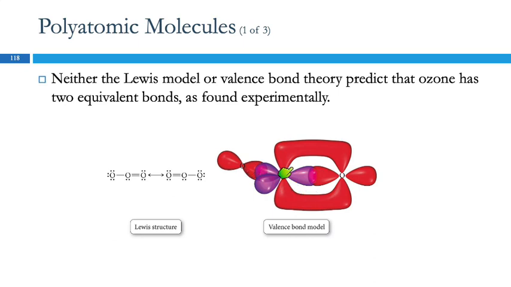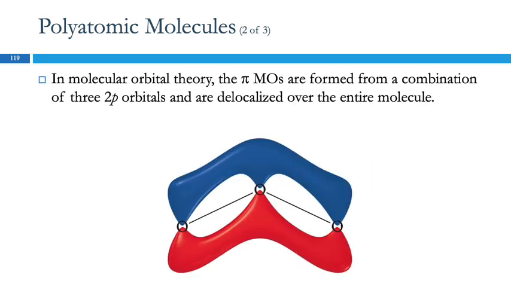In the valence bond model, here's that second bond. It also is localized between these two atoms, right? So we see a double bond and a single bond, that this bond is different in length and strength than that one. But we know experimentally that they are identical to each other. So this is how molecular orbital theory works.